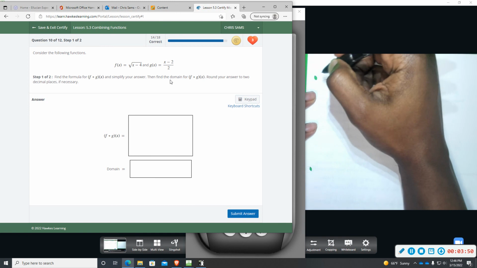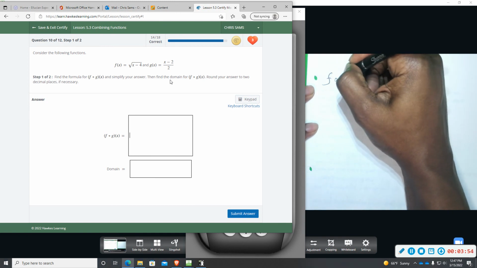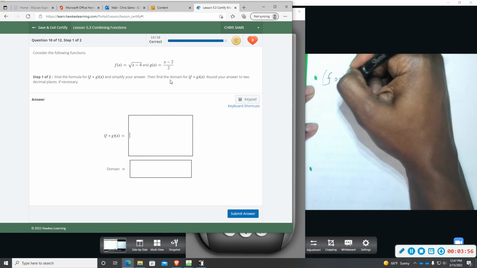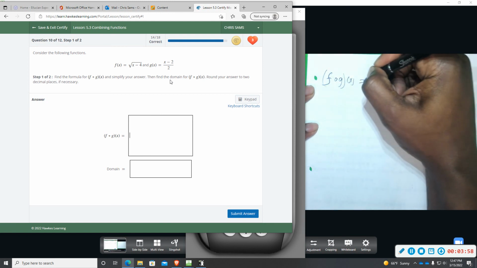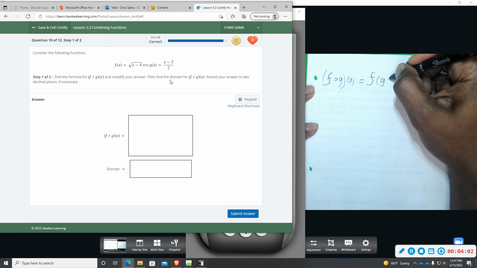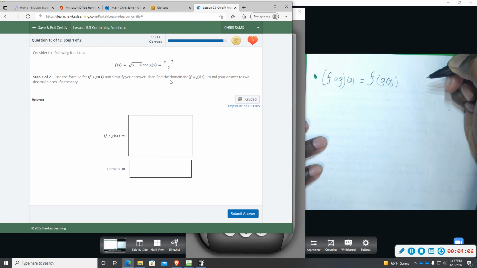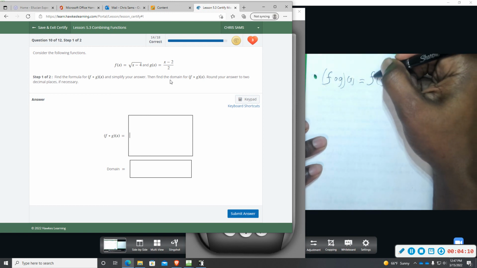So we're going to do f of g of x, which means we're going to take the g of x and plug it in to f. All right, so I'm going to start with the f equation. When we do composition, you start with the outer function.